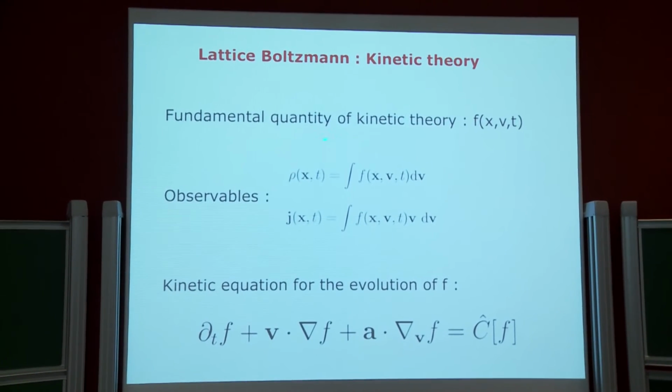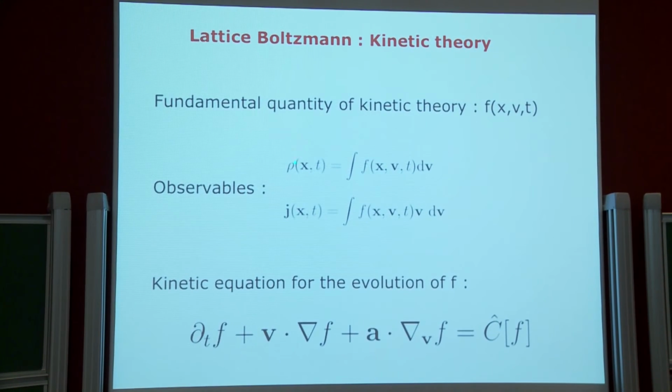And just as I've said, the density at a given position can be computed by simply looking at the probability to find a particle with a given velocity at that position. And then, since you want to know the density of particles and don't care about the velocity, you can simply add all these contributions for all possible velocities.